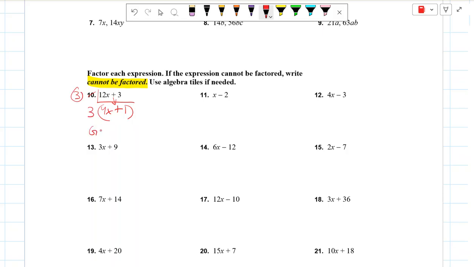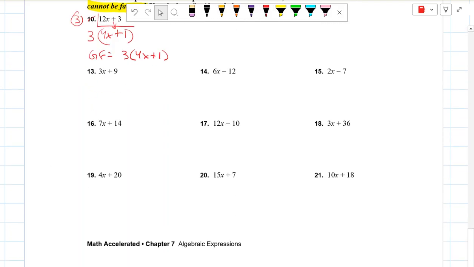And in Google Forms, you just simply write 3 parentheses 4x plus 1 end parentheses. And remember how we did the last 6 of them on the notes? Make sure they're going in the right order to get the credit. And that's it. These are far easier than the ones on the notes.